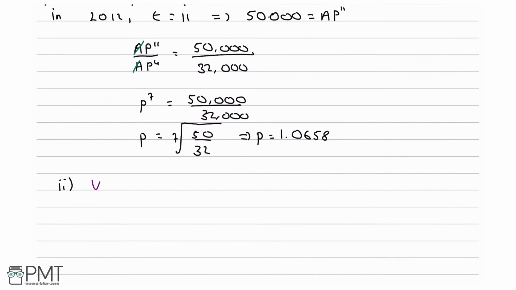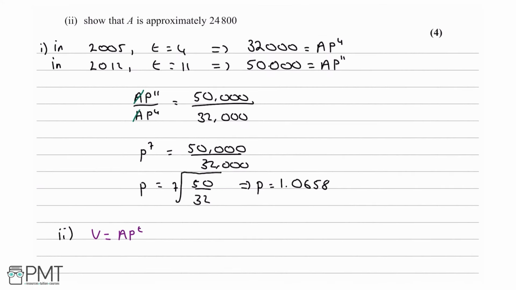We can use one of our pre-existing equations, say this one here, 32,000 equals AP to the 4, and plug in our value of P to solve for A. So we get 32,000 equals A times 1.0658 to the power of 4.